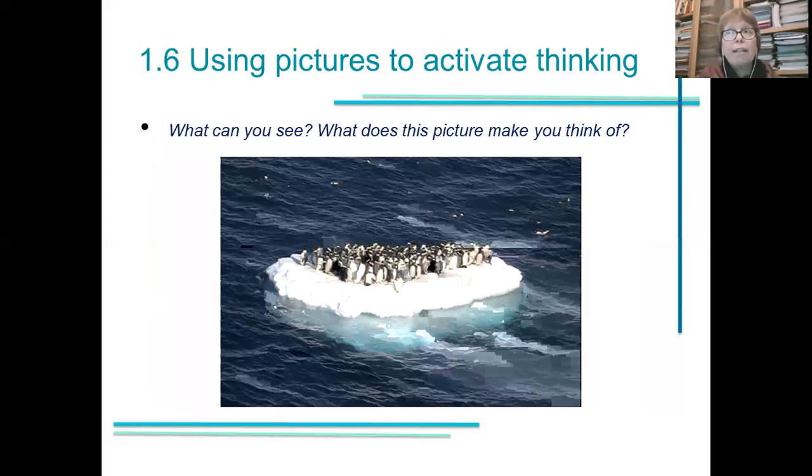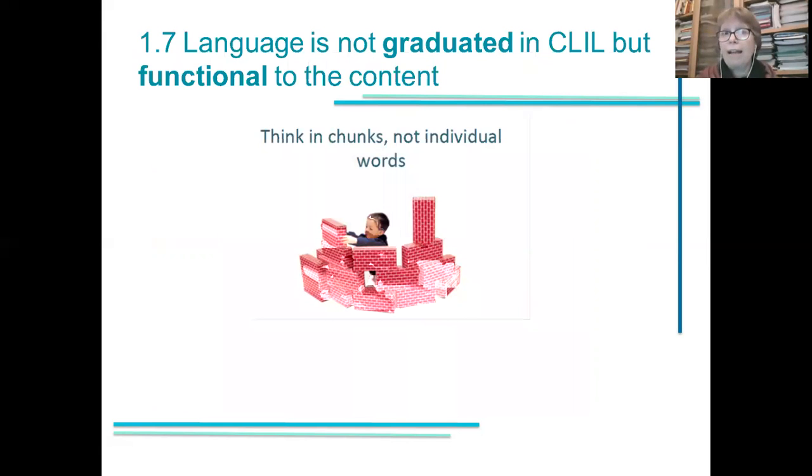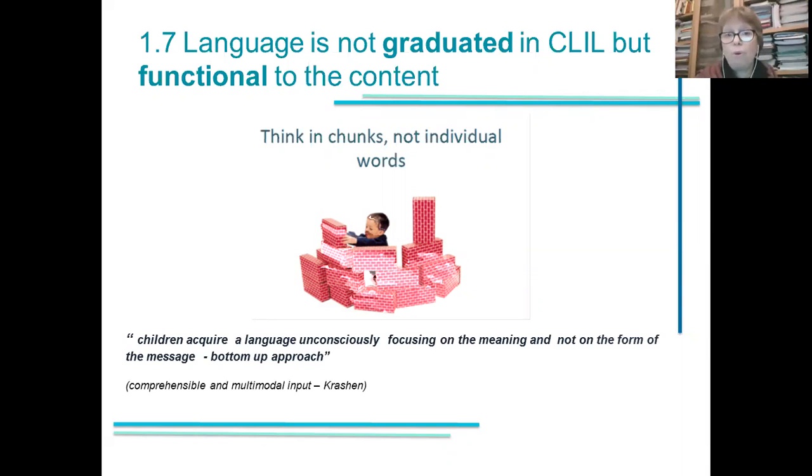Another way to activate prior knowledge is to show a picture. What can you see? What does the picture make you think of? And take into consideration that language in CLIL is not graded, but it is functional to the content. So this means that you have to make children think in chunks, not individual words.